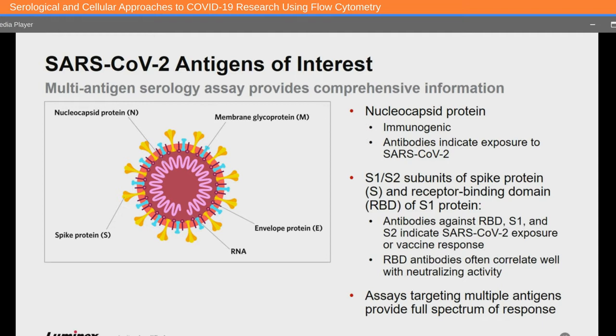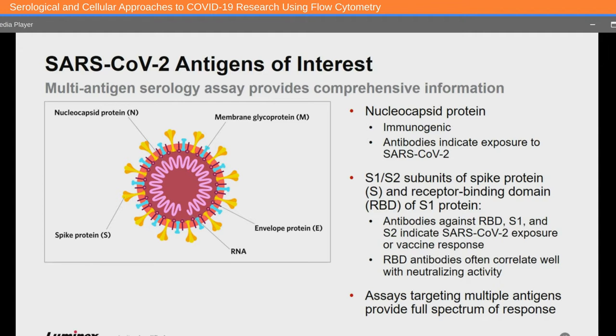Antibodies against this protein indicate exposure to SARS-CoV-2, and anti-N antibodies have been detected with high specificity in early stages of infection. The S protein plays a critical role in viral infection and pathogenesis, and it's a critical target for the induction of antibodies, particularly neutralizing antibodies.